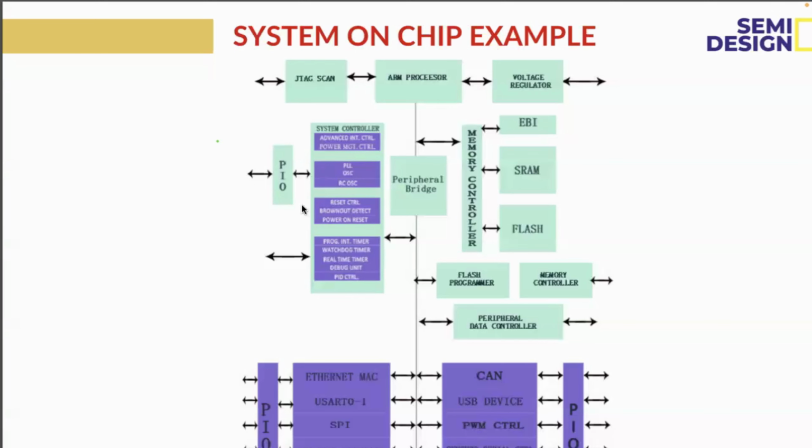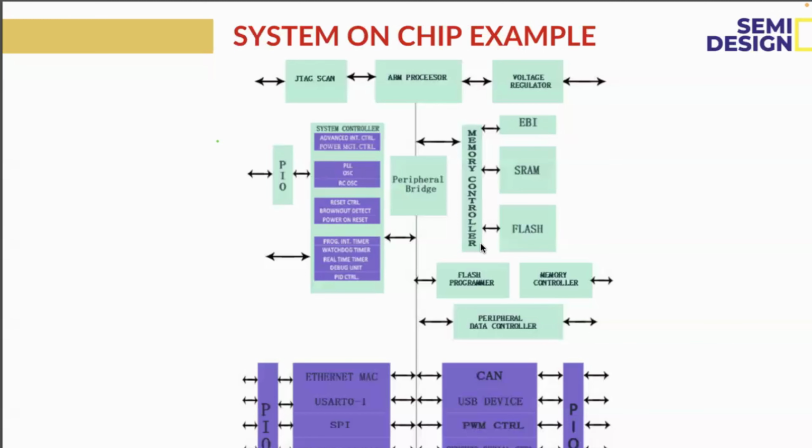What is meant by PIO, peripheral input and output? Here is the memory controller. In this course we are going to discuss the direct memory access controller. I am planning to provide two SOCs.